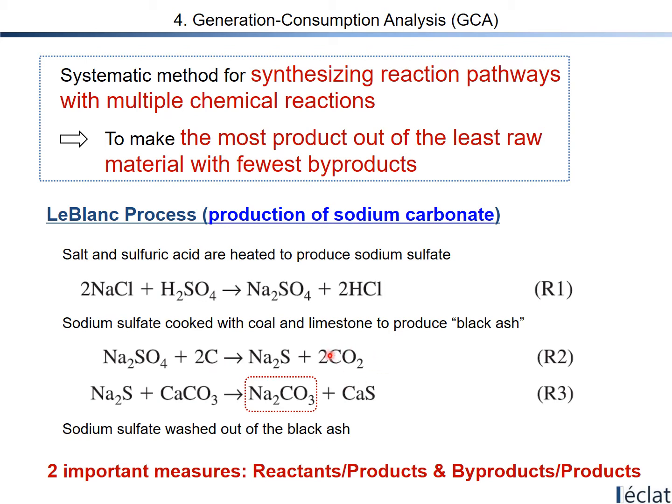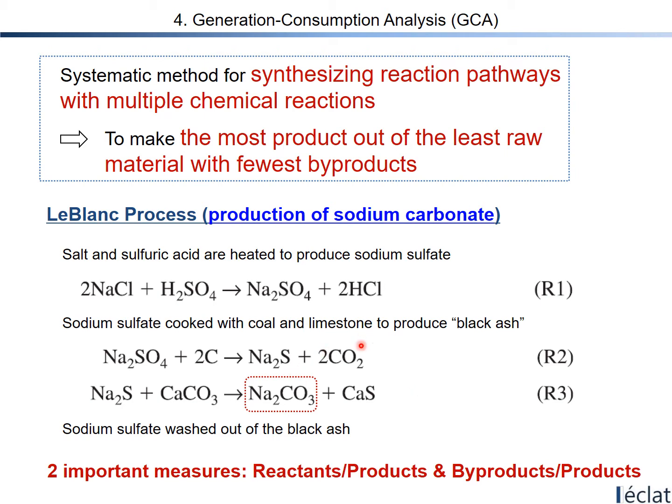CO2 is generated, which is a byproduct, and this sodium sulfide as an intermediate is going to sodium carbonate by the help of calcium carbonate. Calcium sulfide would be the byproduct.